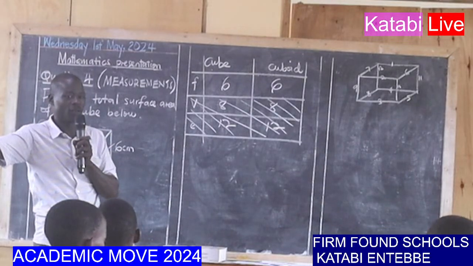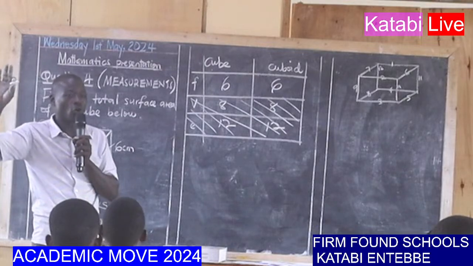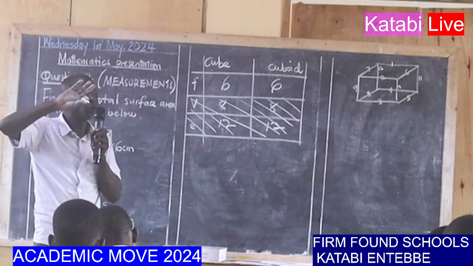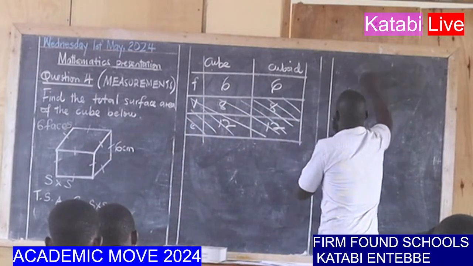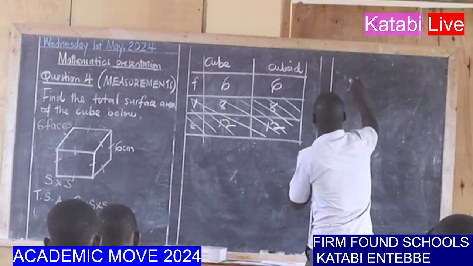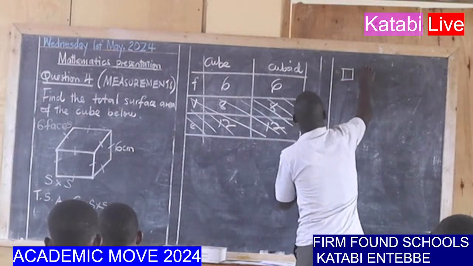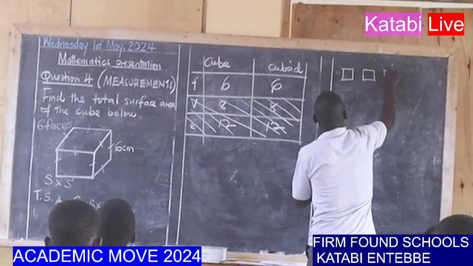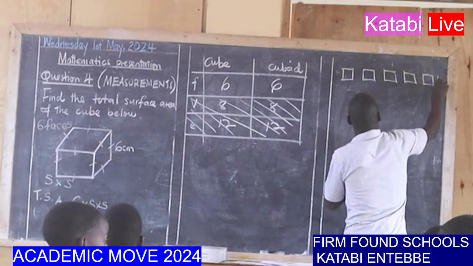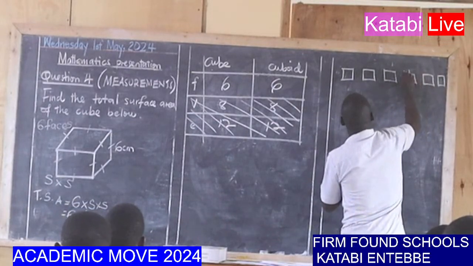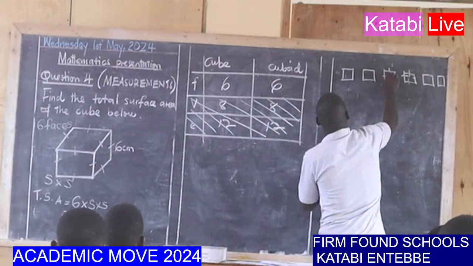Are we together? Or, if I don't want to multiply, I know there are 6 faces. For that cube, there are 6 faces. They are like this: 1, 2, 3, 4, 5, and 6. All these are square faces.